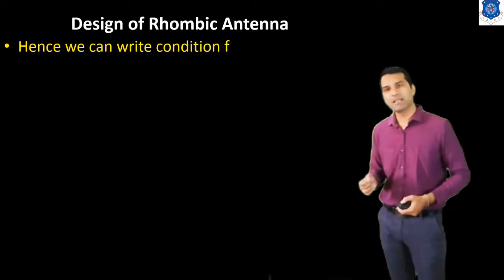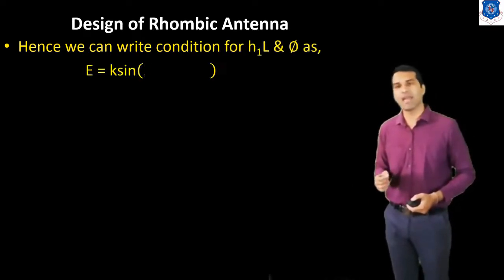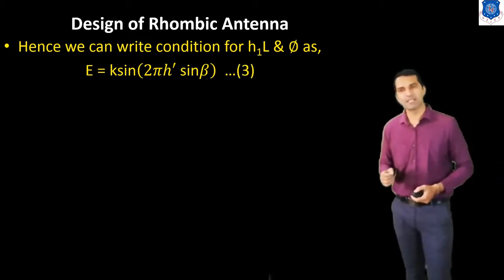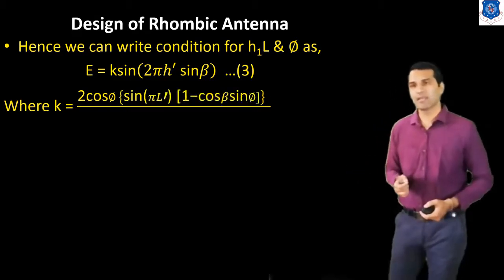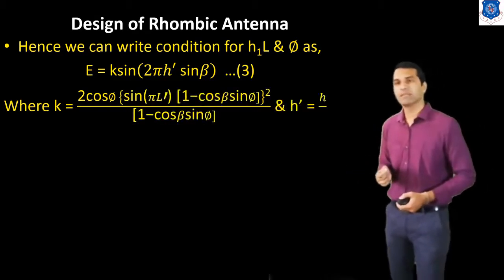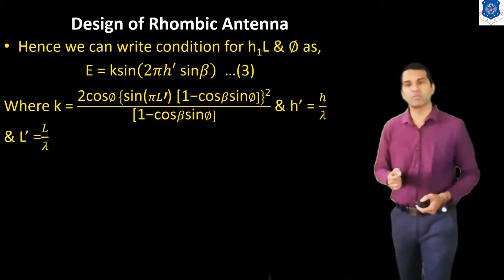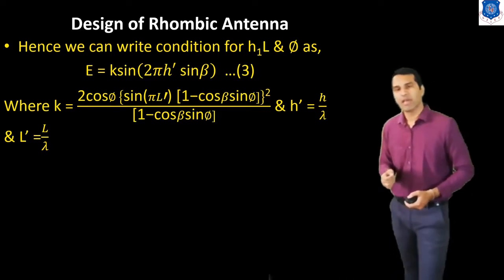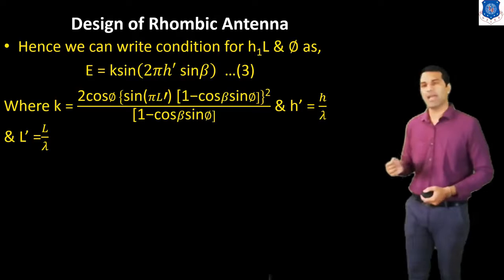Hence, we can write the condition for h and L and phi as E equals k sine(2 pi h dash) into sine beta, where k equals 2 cos phi sine(pi L dash (1 minus cos beta sine phi)) square upon 1 minus cos beta sine phi, and h dash is nothing but h by lambda, and L dash is nothing but L by lambda.